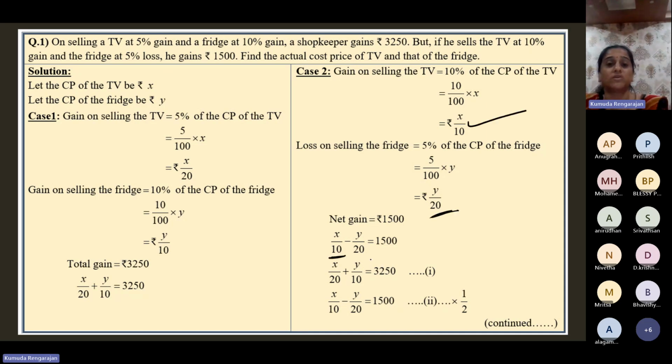You have made more profit than the loss you have incurred, so it's a net profit. X by 10 profit minus Y by 20 loss is a net profit of 1,500.